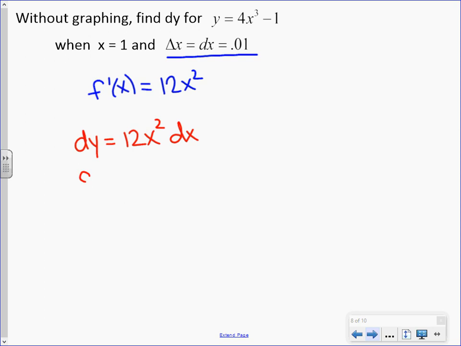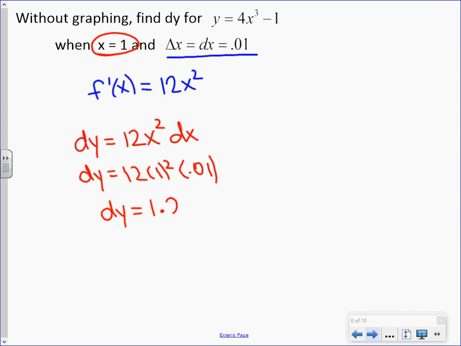So now all we need to do is x is 1 and dx is 0.01. Well, 12 times 1 squared is 12. Times 0.01 would give us what? 0.12. Why did I write 1.2? No. There we go.